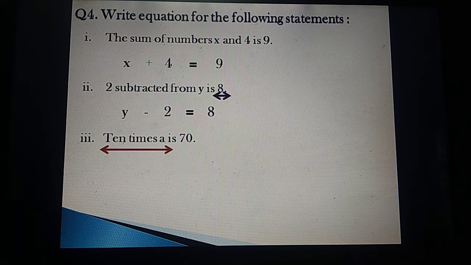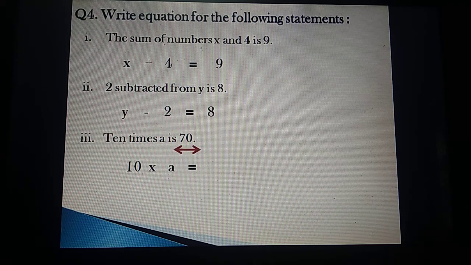So what you will do here is multiply 10 by a. Is means equal to, and 70 will come as it is. Now as you can see on the left hand side, it's 10 into a. You can replace it by 10a equals 70. This is your final equation.